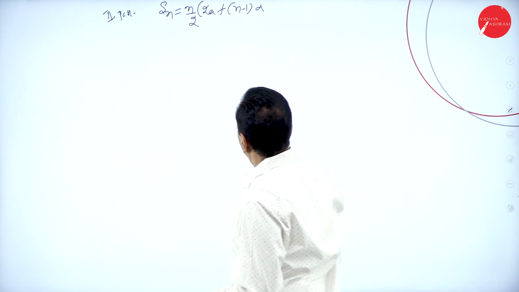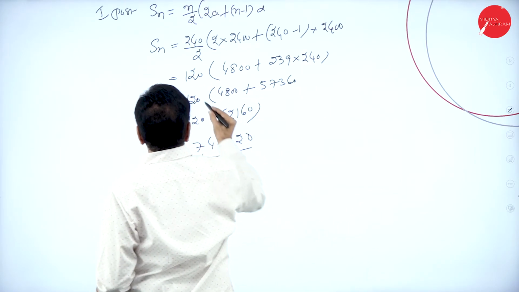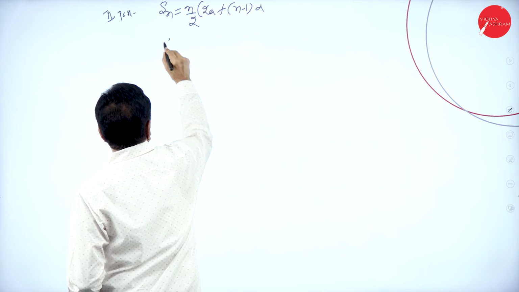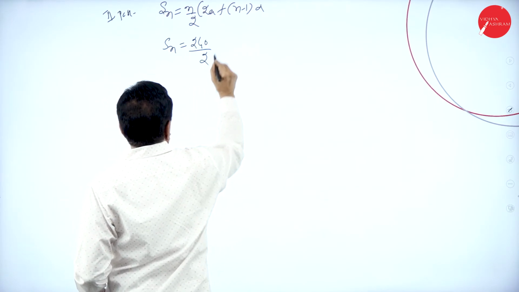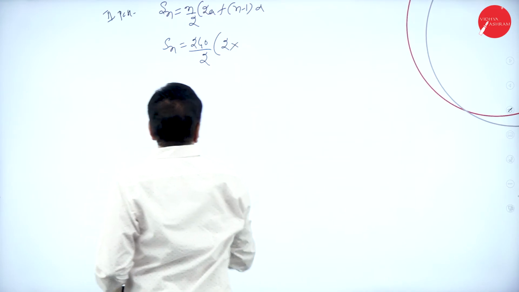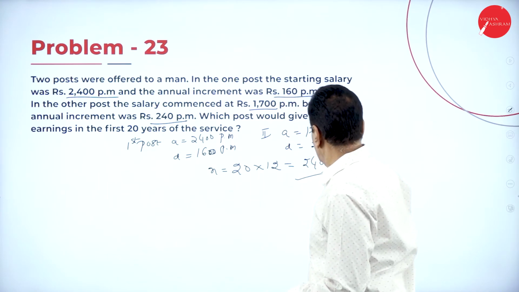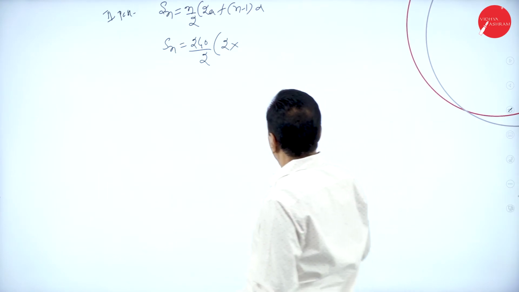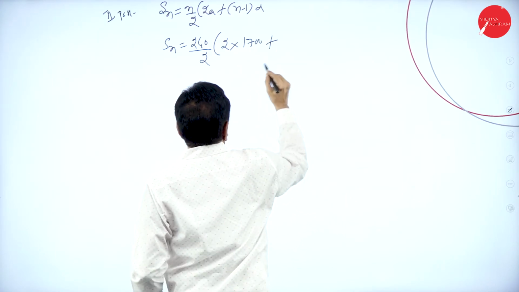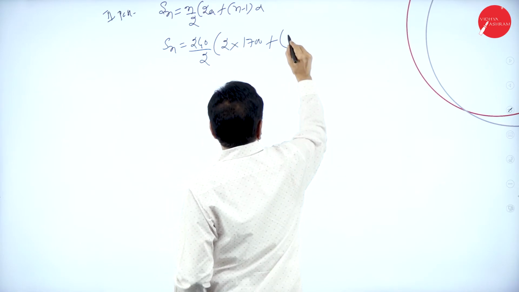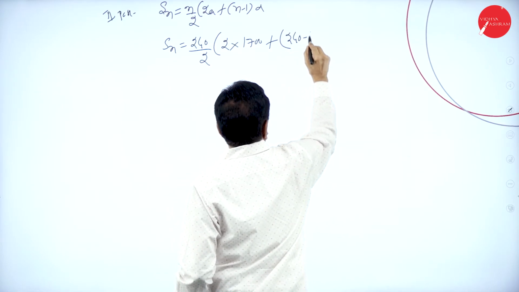Number of years is the same. Sn is 240 divided by 2, into 2 into per month A, 1700, plus n minus 1, that is 240 minus 1.